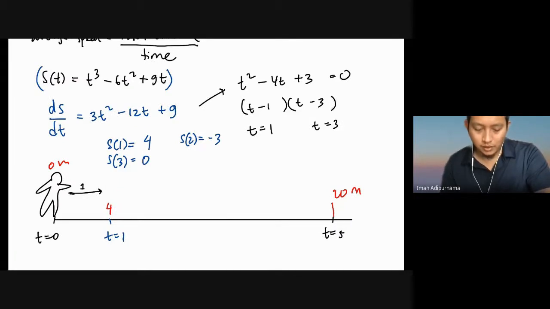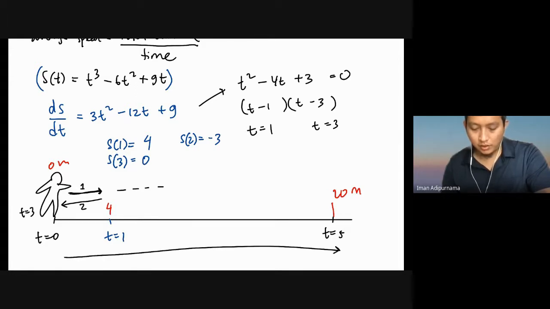You get here, and then instead of moving forward, you're going back. That is at t equals 3. And then you go on to t equals 5.